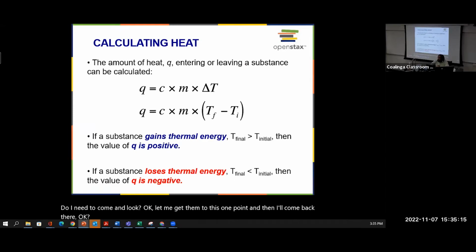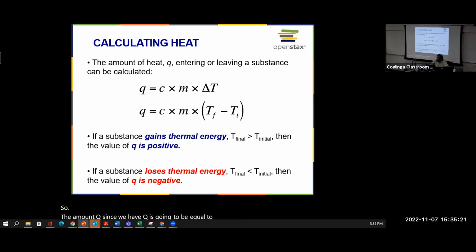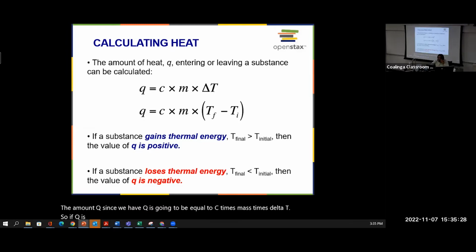Okay, so the amount Q is going to be equal to C times mass times delta T. So if Q is going to be positive, or our heat is going to be positive, what do we know?